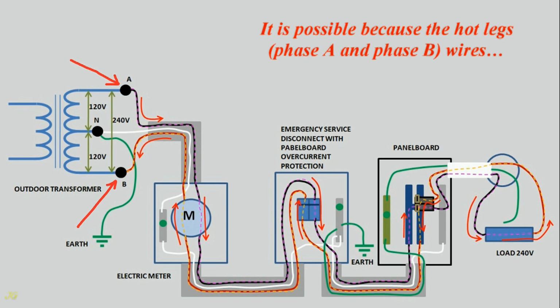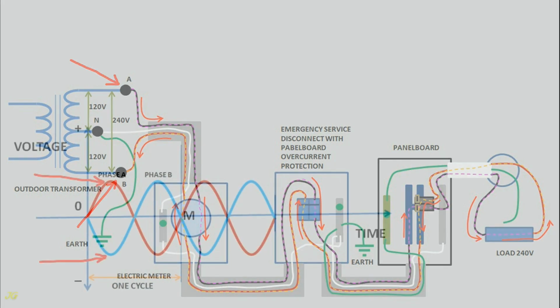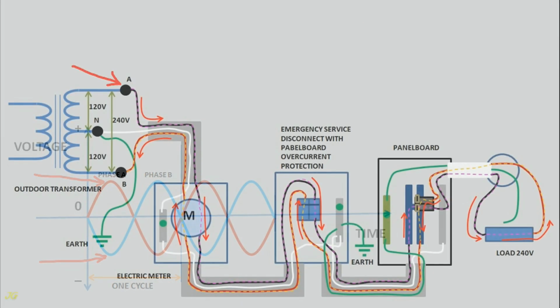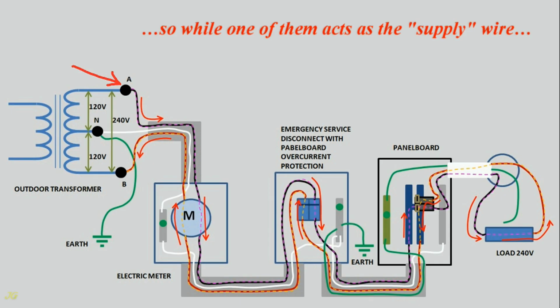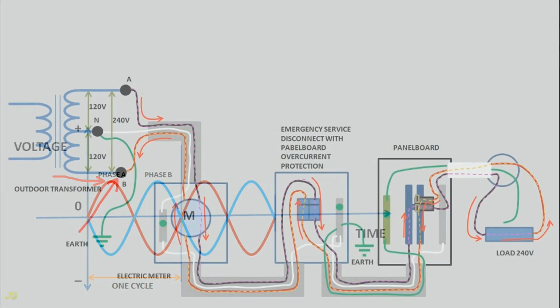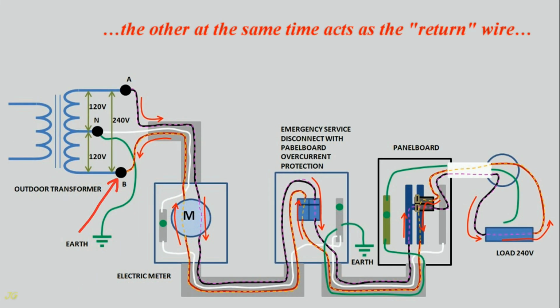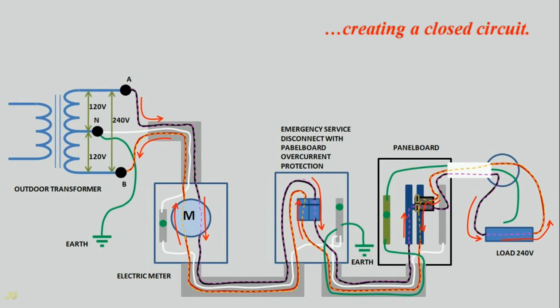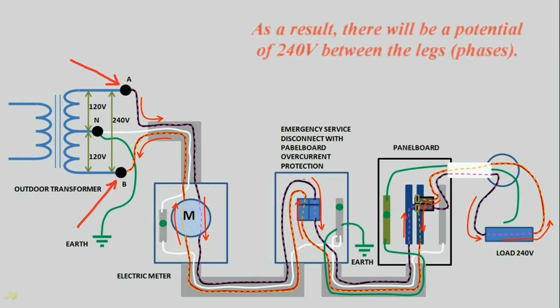It is possible because the hot legs, phase A and phase B wires, are 180 degrees out of phase. So while one of them acts as the supply wire, the other at the same time acts as the return wire, creating a closed circuit. As a result, there will be a potential of 240 volts between the legs, phases.